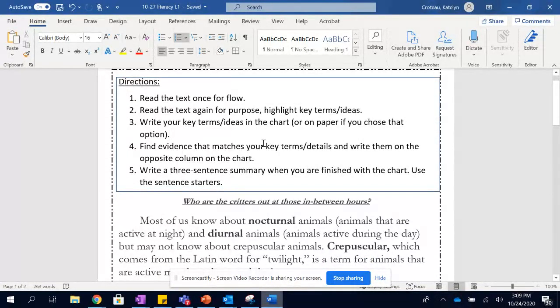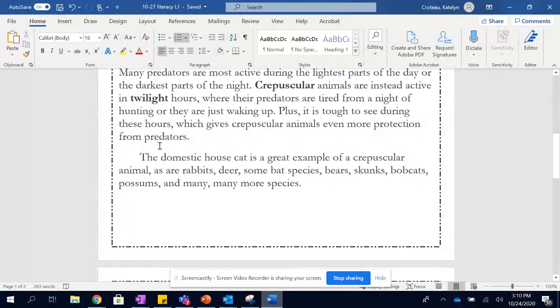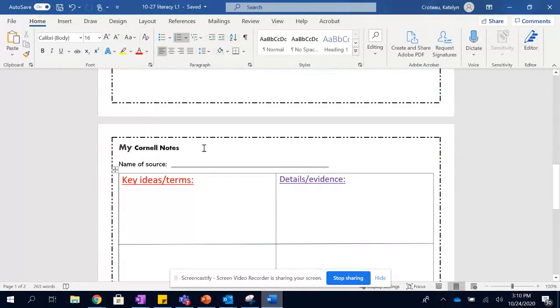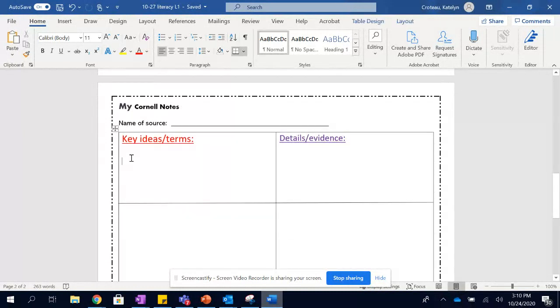Step 4 is find the evidence that matches your key terms and details and write them on the opposite column on the chart. So the first column is your key ideas and terms, and they're probably going to just be 1-2 words for each paragraph.